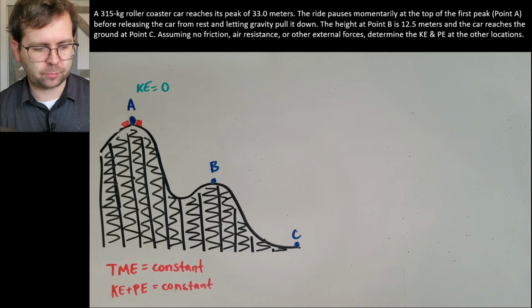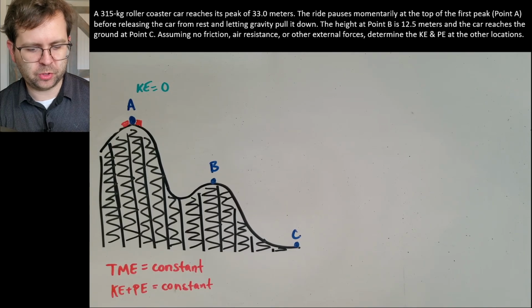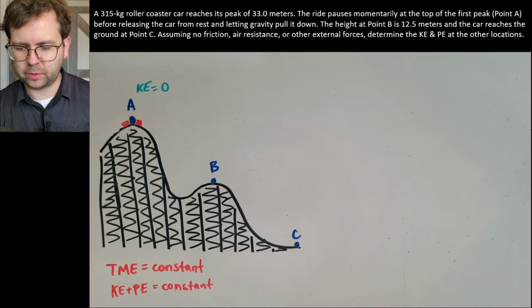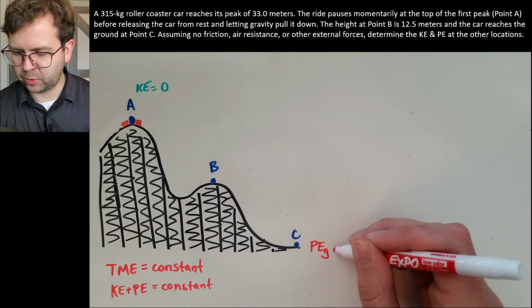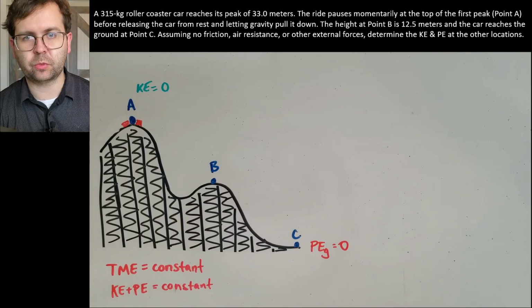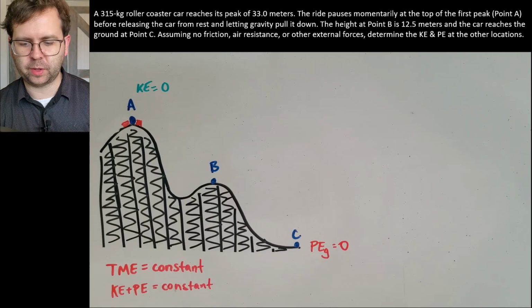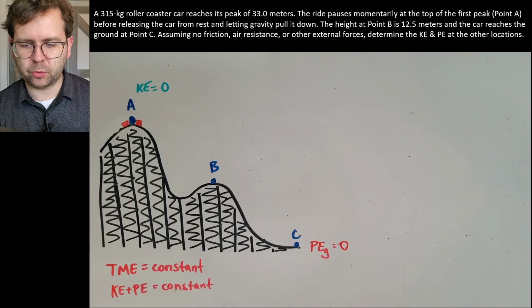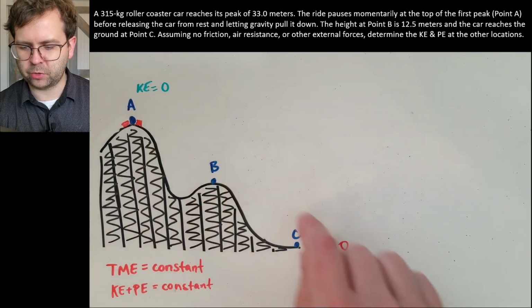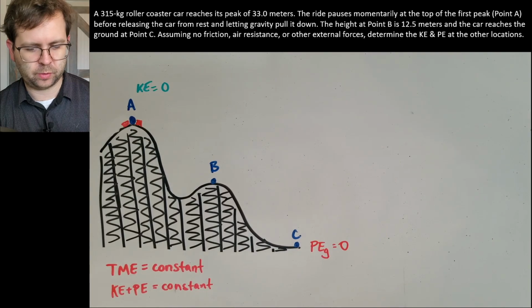It started at rest. And then we also know the gravitational potential energy of the car down here at point C is 0, because it's reached the ground and we're defining the ground to be 0. So what's left to do is just define the kinetic and potential energy at these other locations as needed.